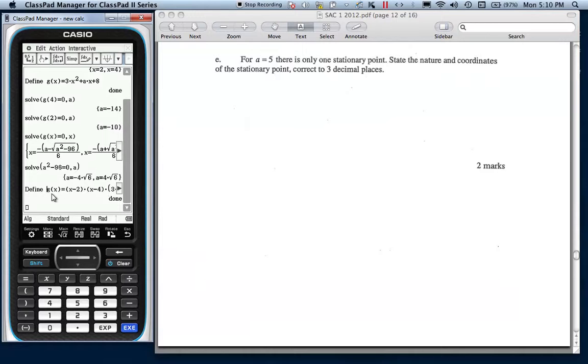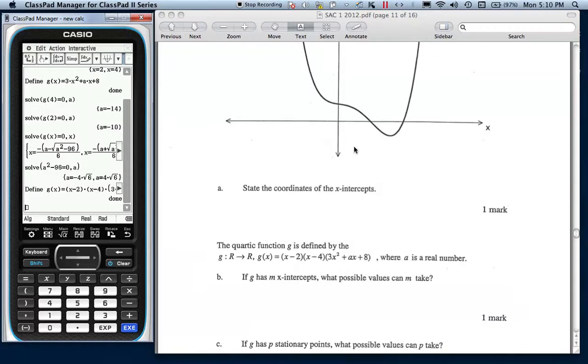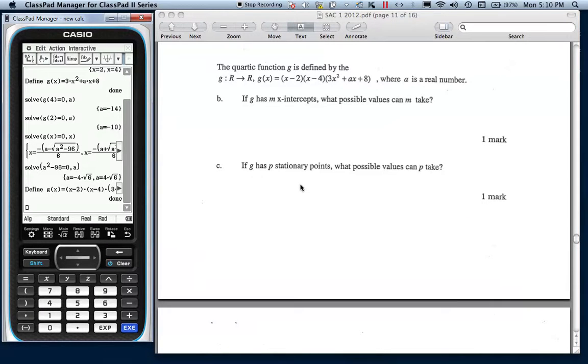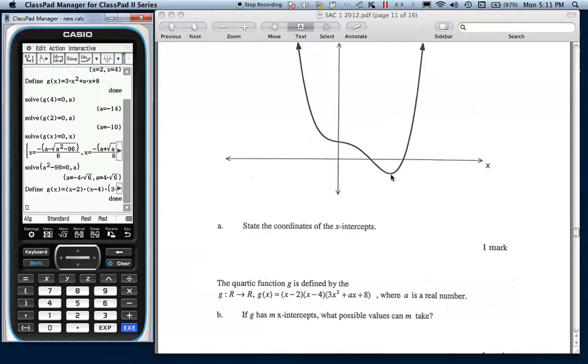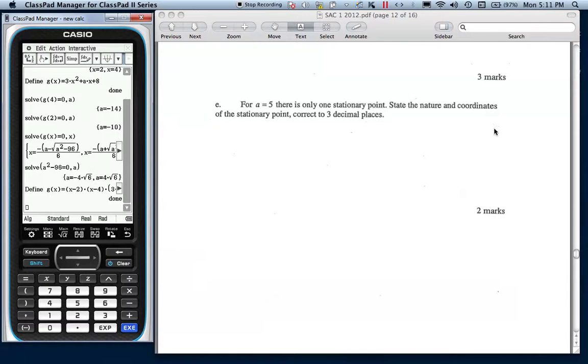I'm just going to change that to a g, not a zg. So we just check, that's fine. And we basically want to find, if we look at this graph, the minimum value that that's going to be, to find the coordinates of that stationary point.